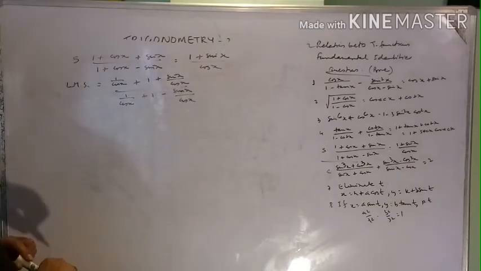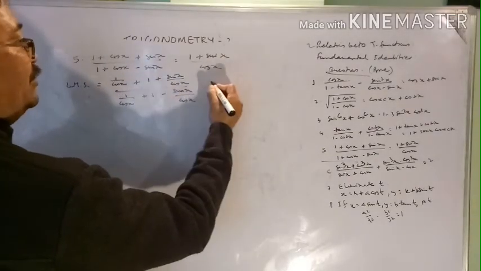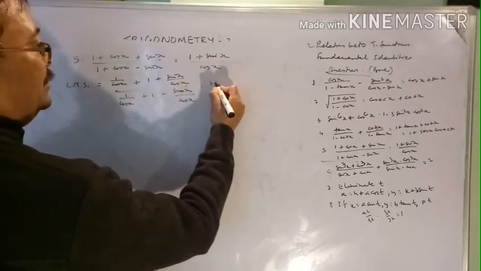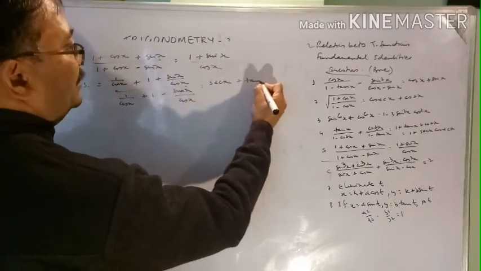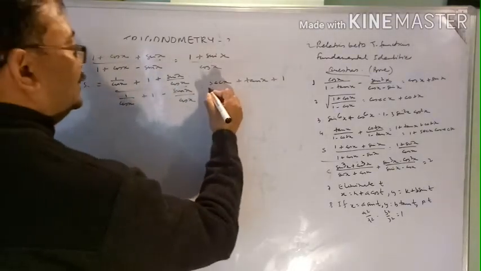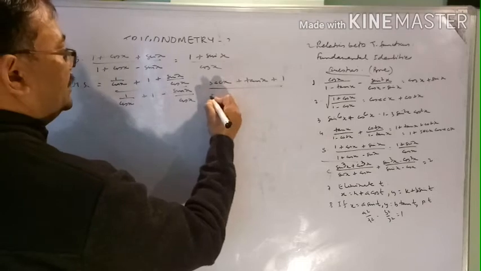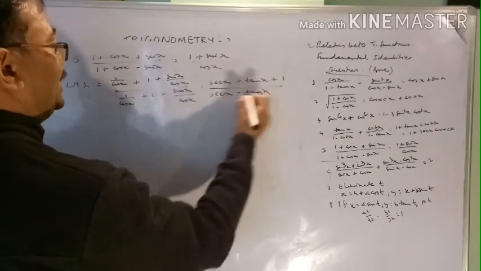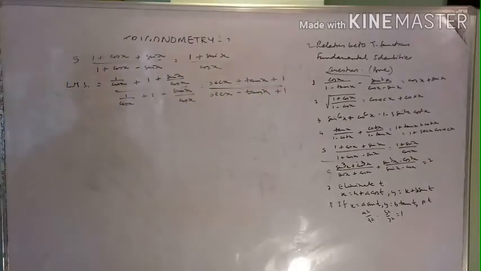So in the numerator 1 by cos x is sec x and sin by cos is tan x, plus 1. In the denominator, 1 by cos is sec x, minus tan x, plus 1.